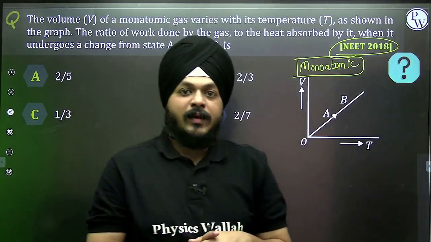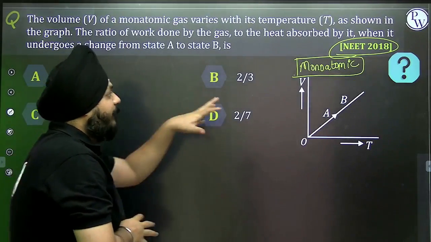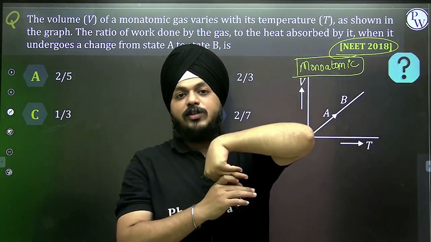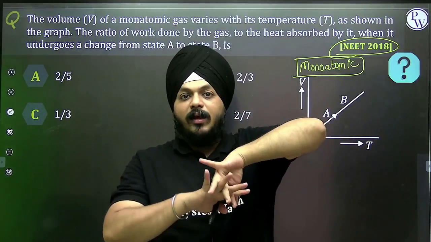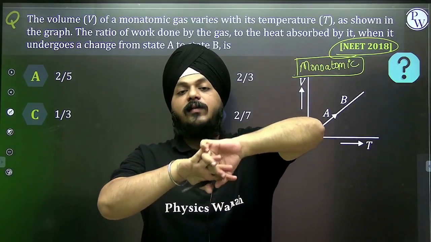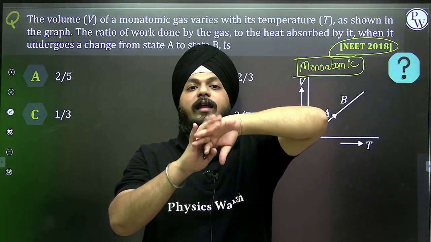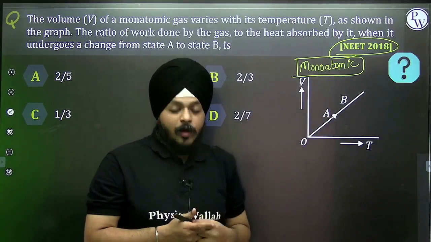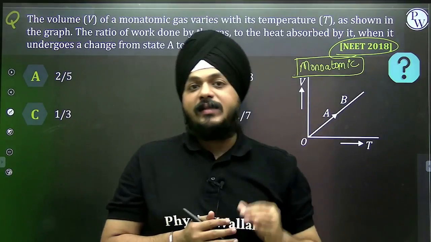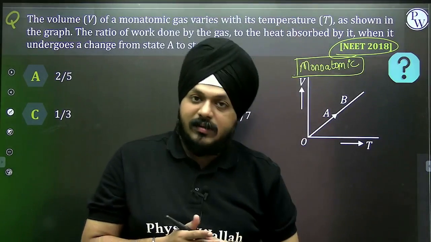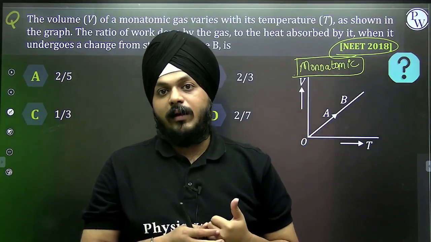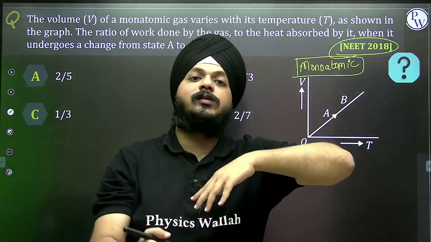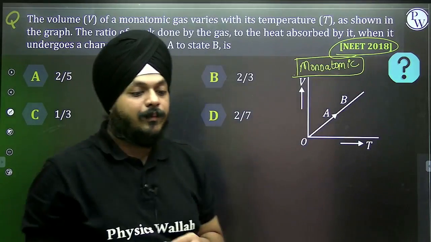Monoatomic gas has degrees of freedom 3, translational. For diatomic gas, 5, and at higher temperature, 7. In that many ways they can perform orientations and can get displaced.